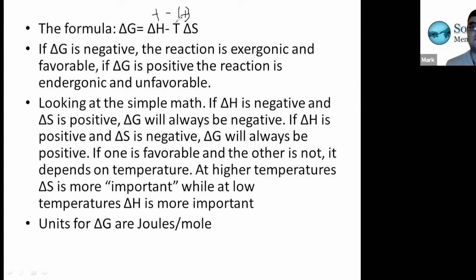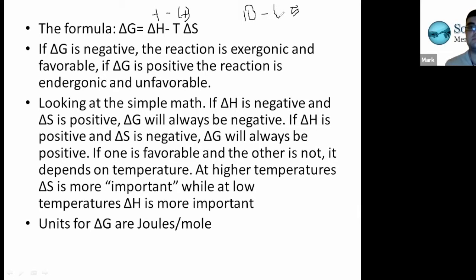So this number in the parentheses is made up of T times S. If we know that S is positive and H is positive, and T is a huge number, pretend that delta H is, say, 10, minus some number times S, and let's say S is 5. It really depends on what the T is, right?